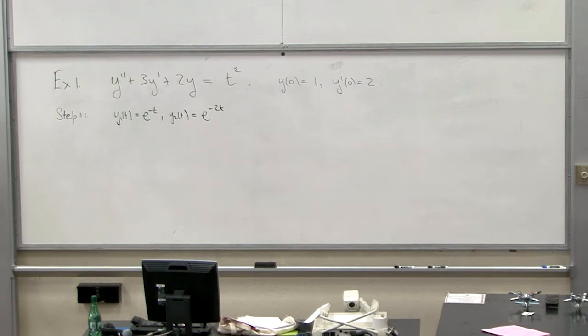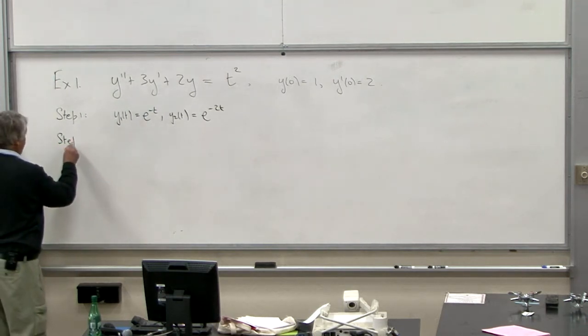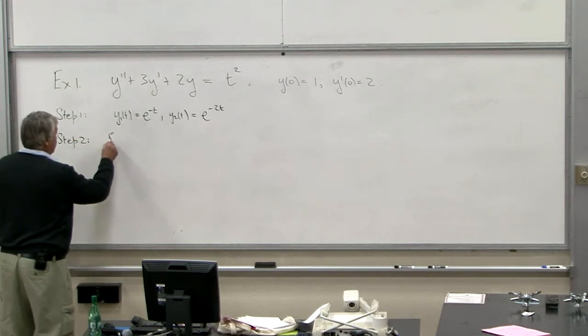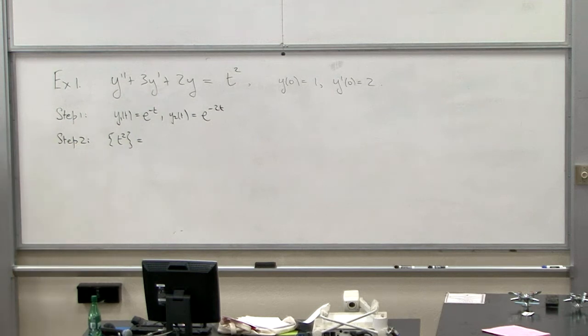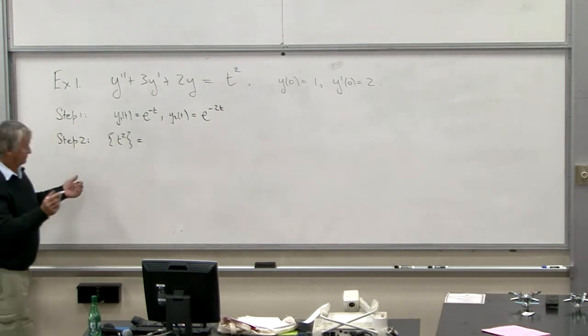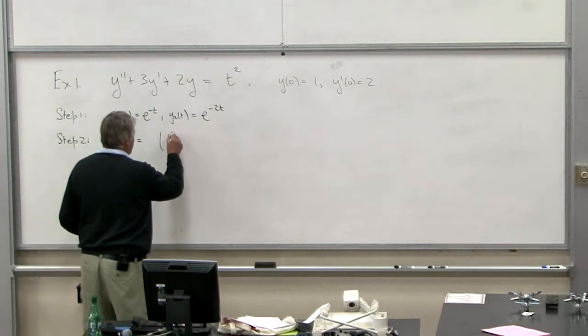So now we've completed step 1. Step 2. What is the auxiliary set of t squared? Exactly.